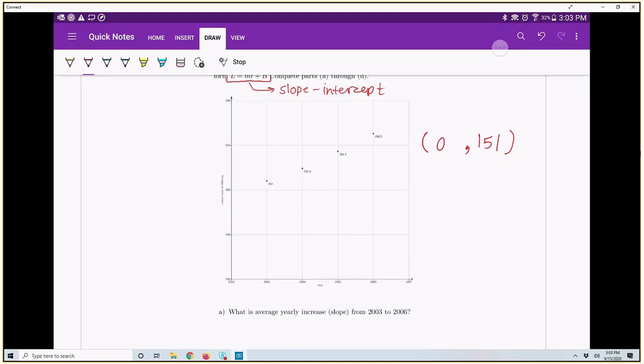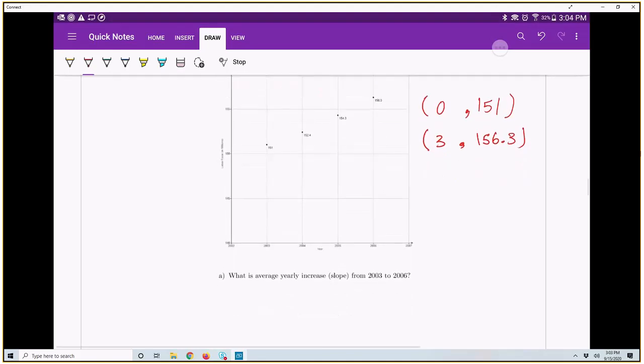And then for 2006, since that was 3 years after 2003, I'm going to write 3, 156.3. So those are these 2 points. I've written their ordered pairs, and it asks me to find the average yearly increase, and it gives me the hint that that's just the linear slope from 2003 to 2006.